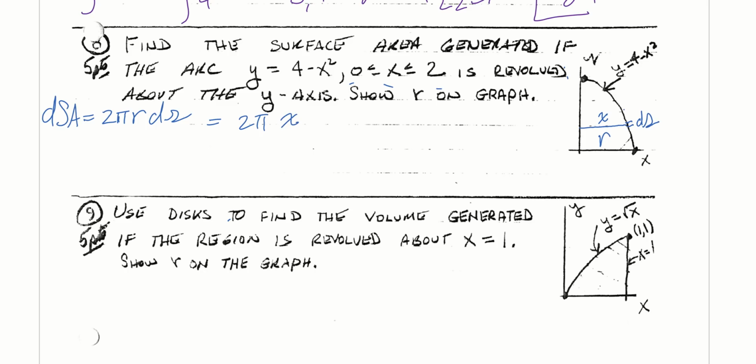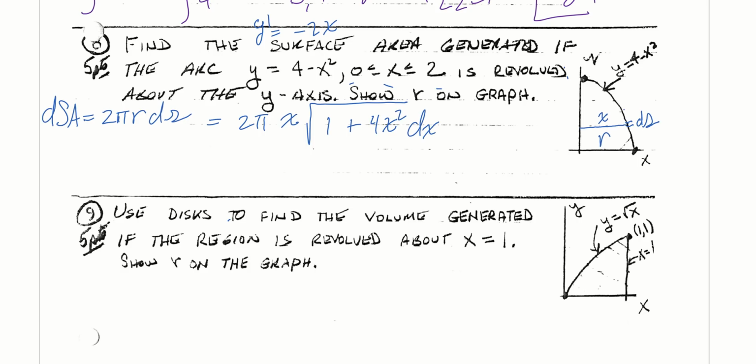So in this case, r is x. And then we have ds, which is going to be the square root of 1 plus y prime squared. y prime is equal to minus 2x, so it's going to be the square root of 1 plus 4x squared, dx. So we have to make sure, is that going to be integrable?